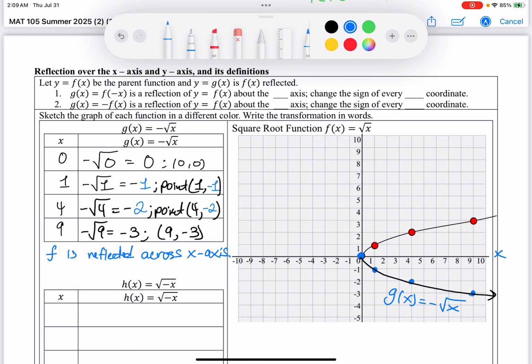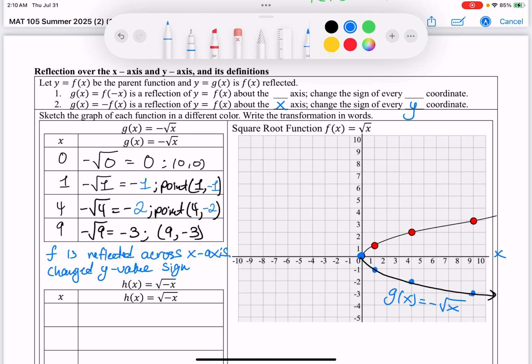So when a negative is outside the function, that is reflection across the x-axis. And if you notice, when you reflect across the x-axis, you change the y value sign. Every y coordinate changed its sign.